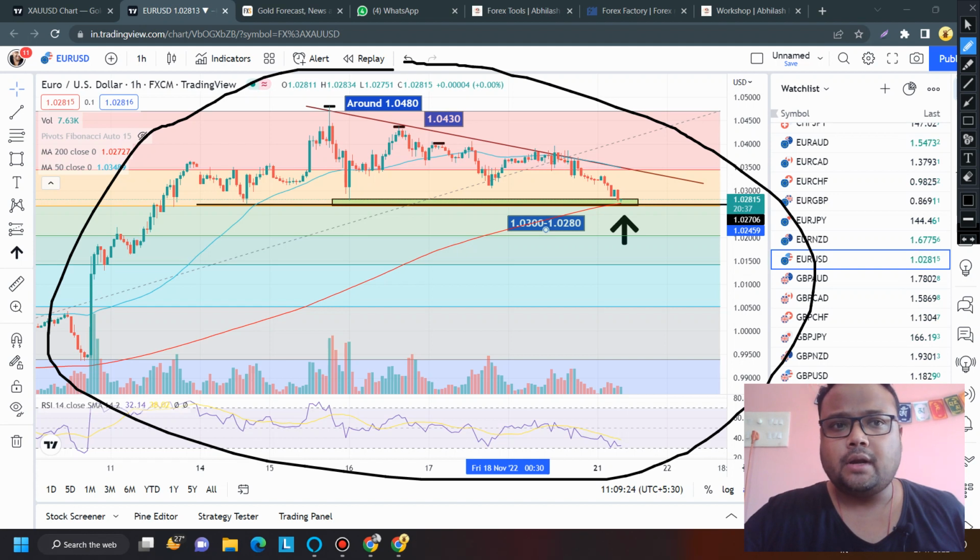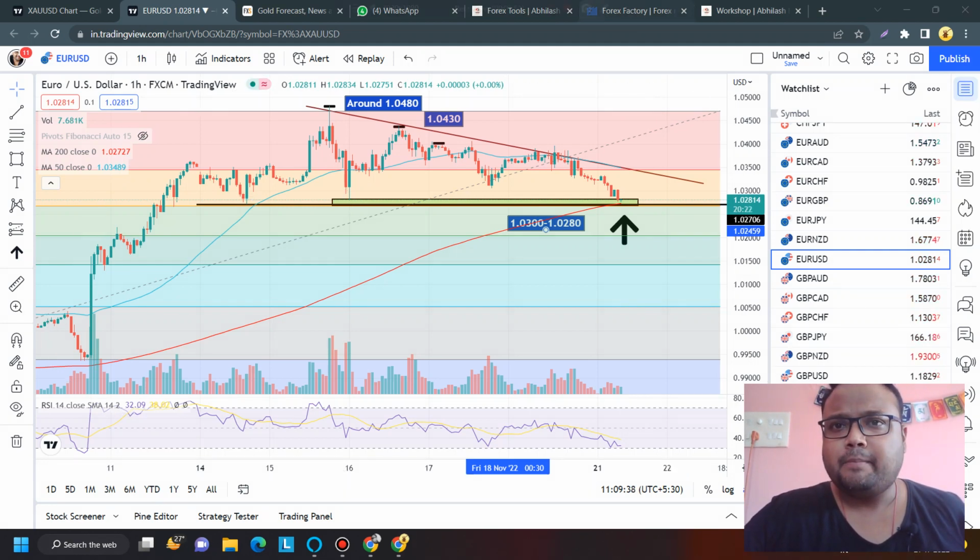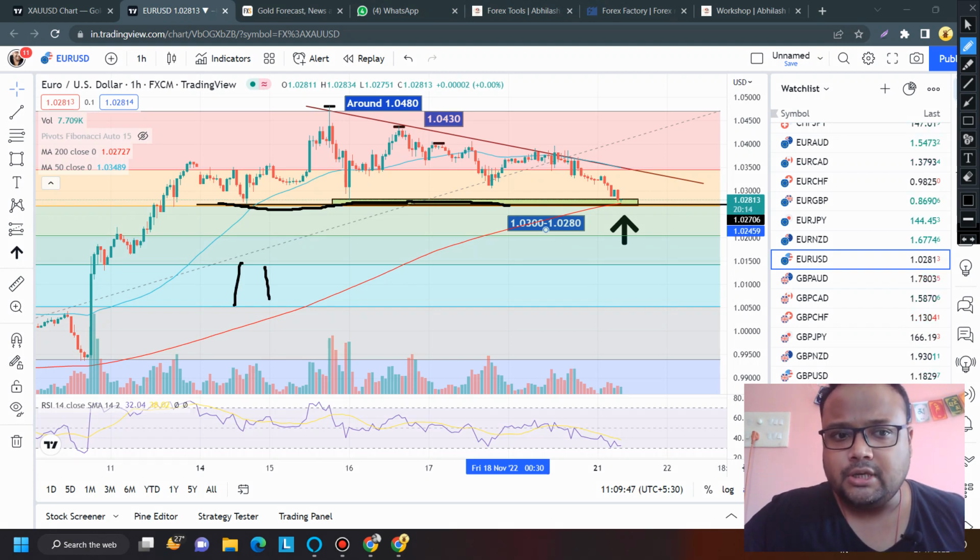In this uptrend market we are observing the descending triangle pattern, and we are seeing a good amount of support around this level, and then we also have the Fibonacci retracement level. If we combine the previous price rejection around this level and the Fibonacci, then we can see that a good amount of support has been built.